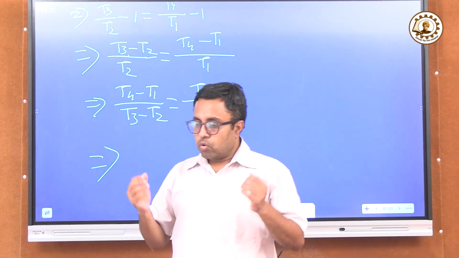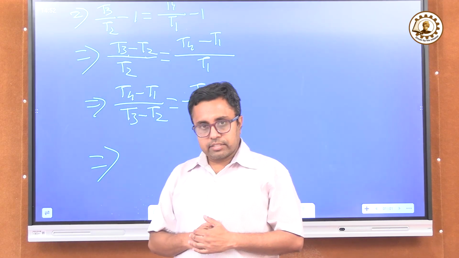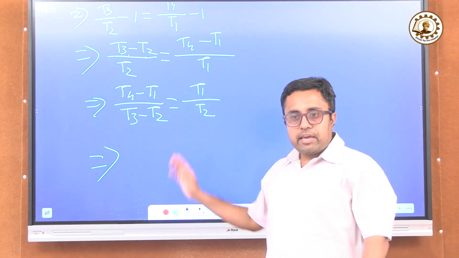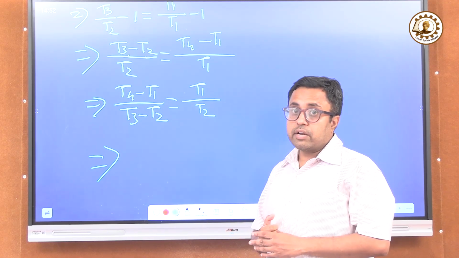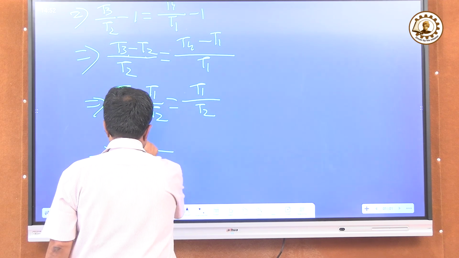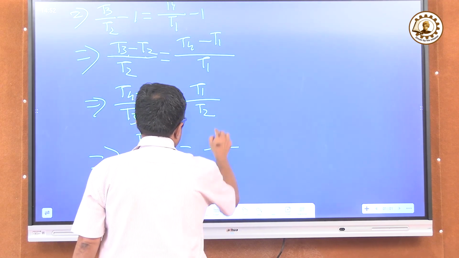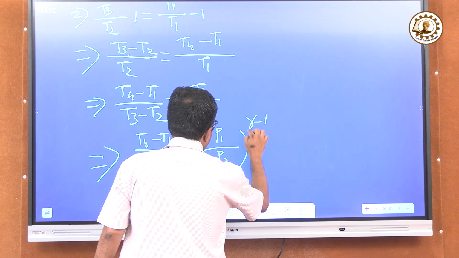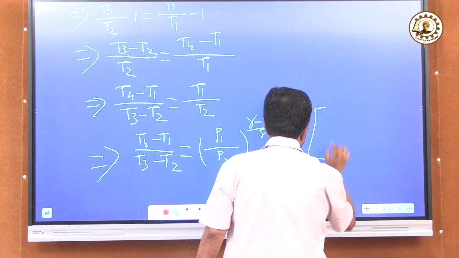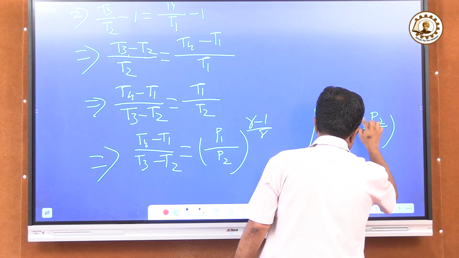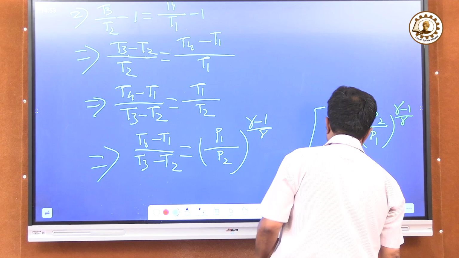We get T1 by T2, and then (T4 minus T1) by (T3 minus T2) is nothing but T1 by T2, which is (P1 by P2) to the power (gamma minus 1) by gamma, as previously we saw that T2 by T1 is equal to (P2 by P1) to the power (gamma minus 1) by gamma.